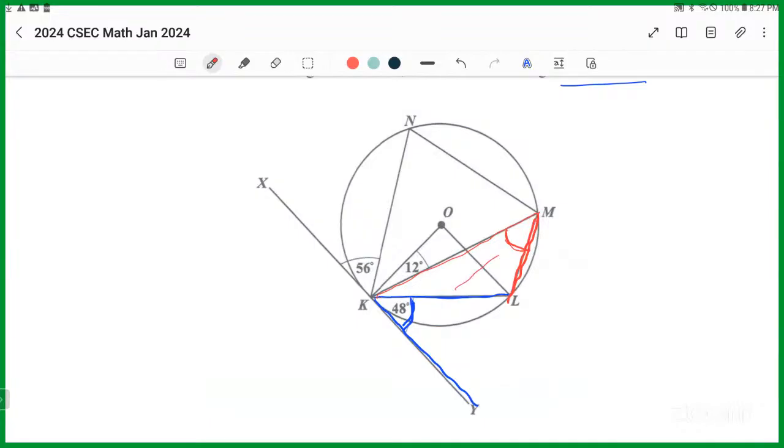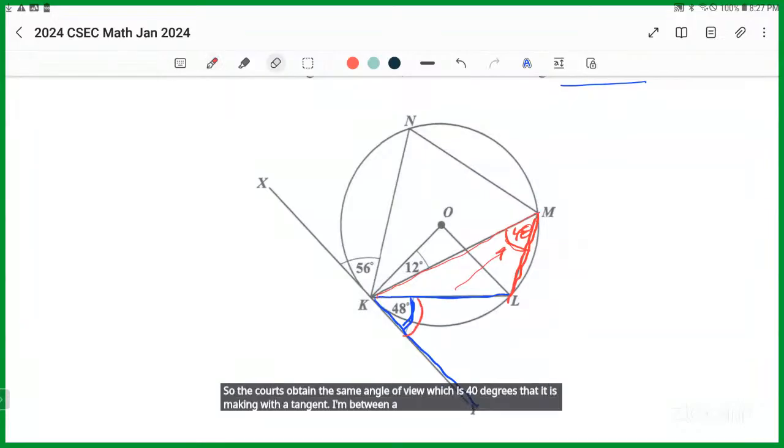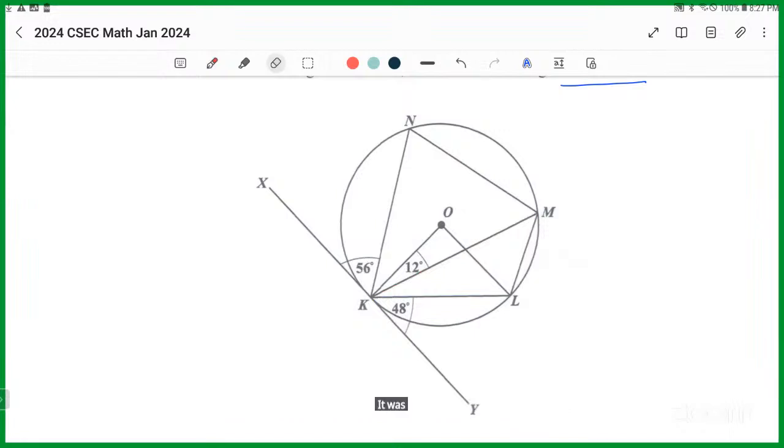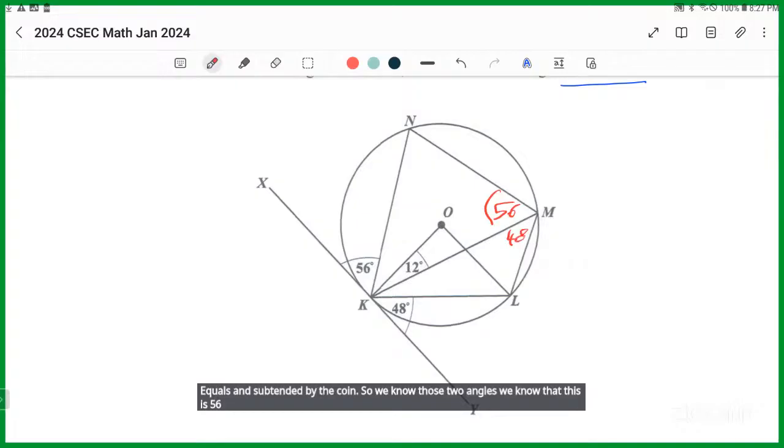Angle between a tangent and a chord equals the angle subtended by the chord. So we know those two angles. We know that this is 56 and this is 48.